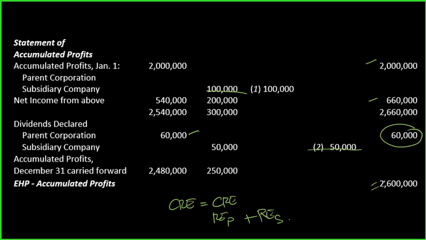This one will be the retained earnings of the parent as far as the parent is concerned, which is 26. And then, if you remember the subsidiary's retained earnings, which is 100, 100,000 times 20%. So you will now have 20,000. Okay, their answer is 2,620,000.